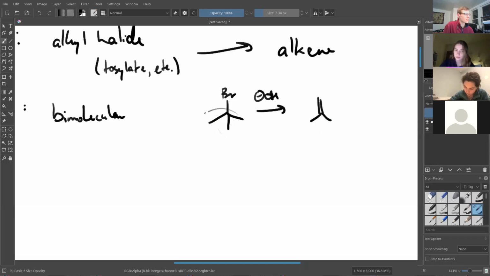And I picked a nice example here because whatever hydrogen we plucked off, it wouldn't matter, right? So just to show a mechanism of this, we have some hydrogens here. These things have to be oriented anti-periplanar, right? So we have to have this sort of situation.